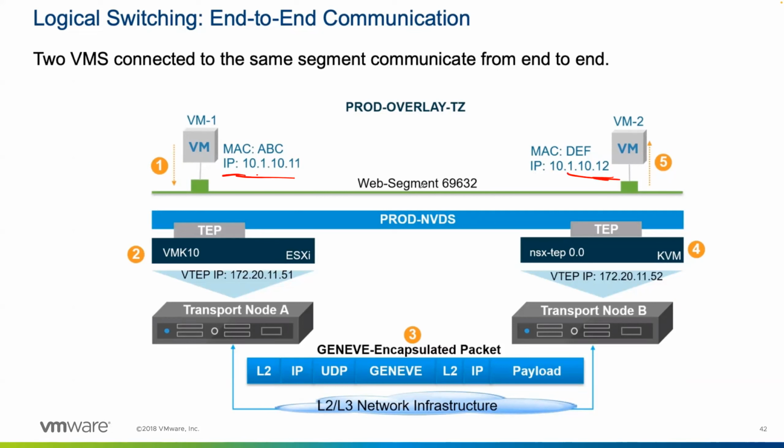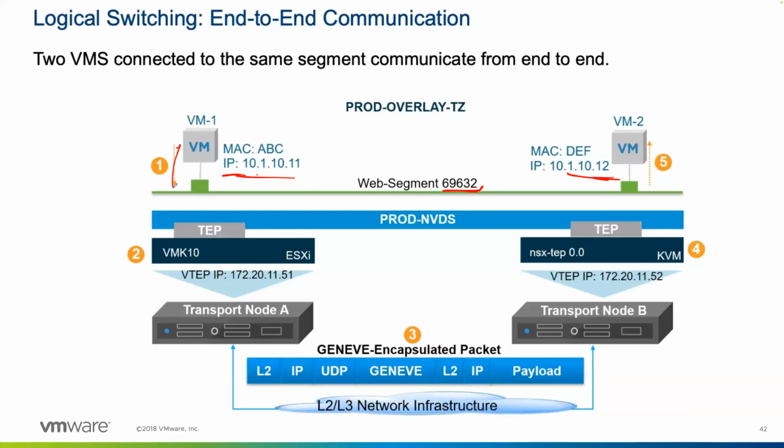VM1 and VM2 are sitting in the same segment, which is the web segment, and the VNI ID is 69632. Let's see how it works.